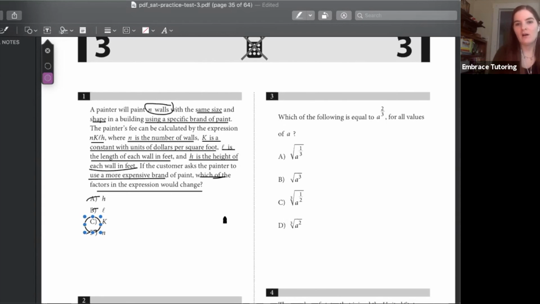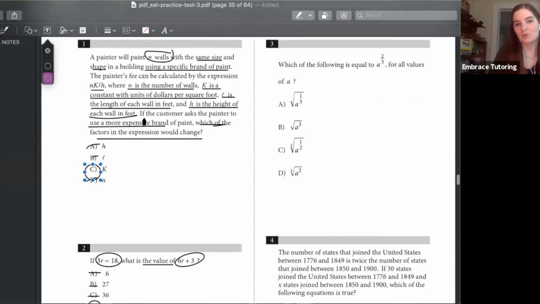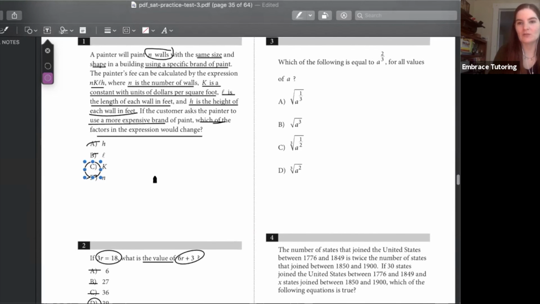If we even look at 3, we didn't even have to do any math here. We only had to figure it out based on the information they gave us. So you want to watch out for circumstances like that, and also note that it's important to underline or circle values. I could even have circled N, but for the sake of doing this online, it made more sense to just underline things here.